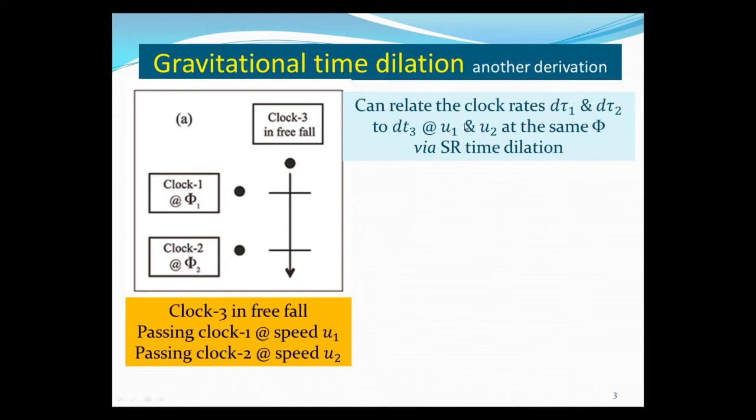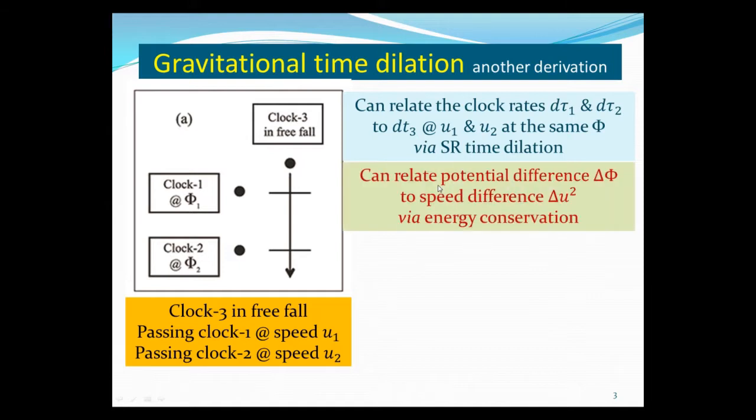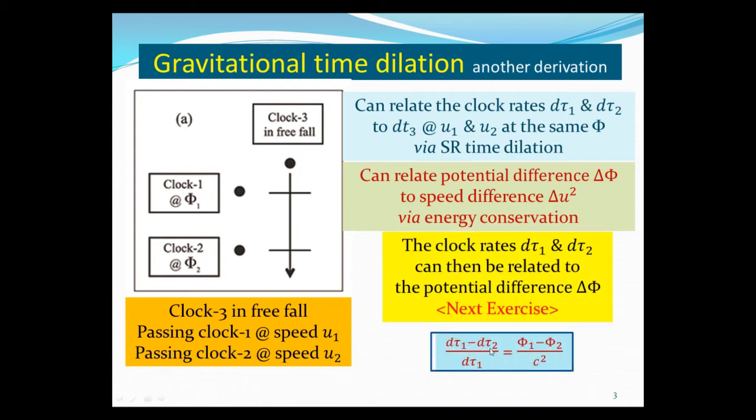So this way we can relate clock 1 and clock 2 to clock 3, but in terms of the velocities u1, u2. The difference between u1 and u2 can then be related to the gravitational potential of these two points, because the clock is falling through these two positions. These two quantities can be related by energy conservation. So I can relate the difference in time to the potential difference, and we get the gravitational time dilation.